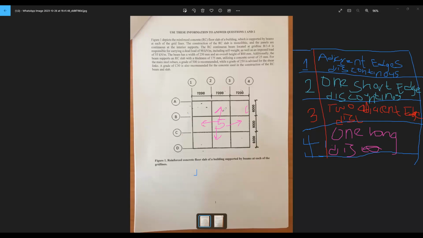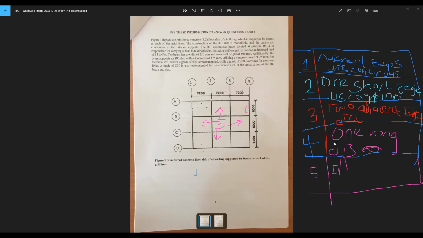What we have is interior panel, and the interior panel defines all the edges to be continuous. So panel 5, where all the edges are continuous, is properly named an interior panel. So that is the classification. It's an interior panel.